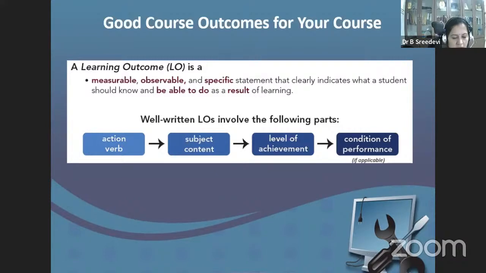Level of achievement is the level on learning this outcome. If I want students to be proficient in, say, the 8051 microcontroller, that level of proficiency is the level of achievement that can be specified. The first two things are essential: action verb and subject content. The other two are optional.